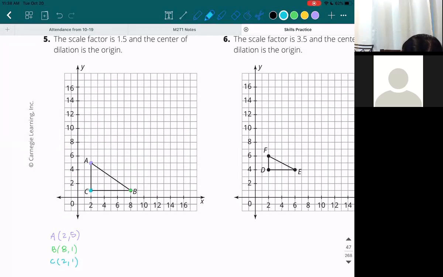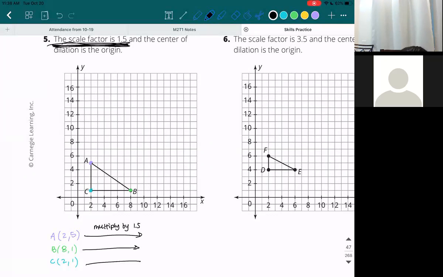Okay, and our scale factor is 1.5. So what are we multiplying everything by? 1.5. Good. So we're going to multiply by 1.5. I'll just write it here. Multiply by 1.5. Okay, so we're going to get the new A, the new B, and the new C.